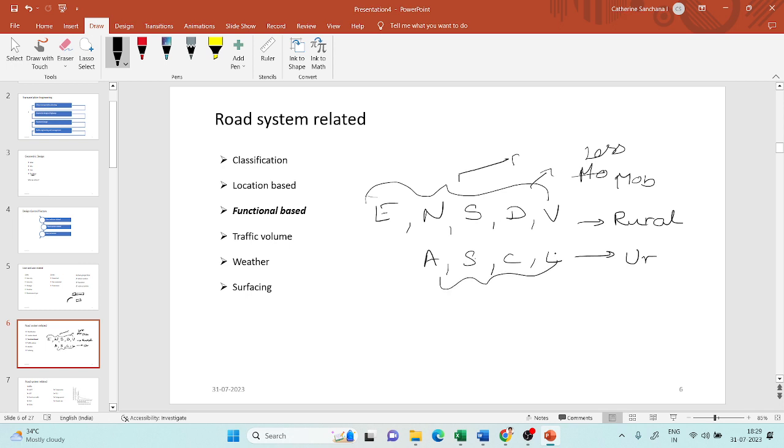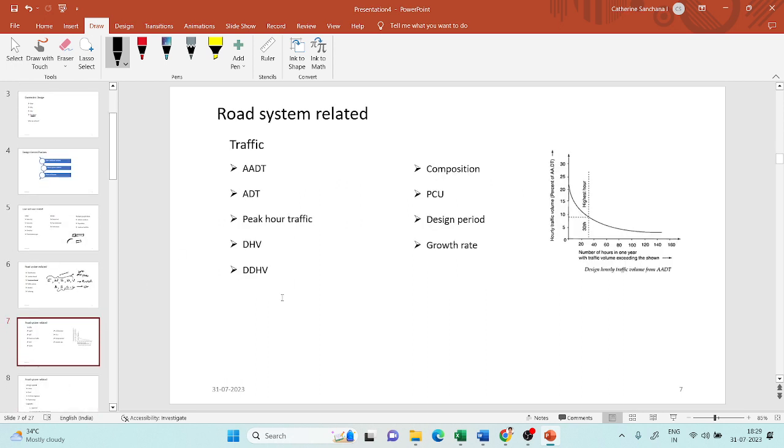Now moving on to traffic volume. These are the factors that need to be considered when you design the road. These two terms are mainly used for designing rural roads, and these three are mainly used for designing urban roads.